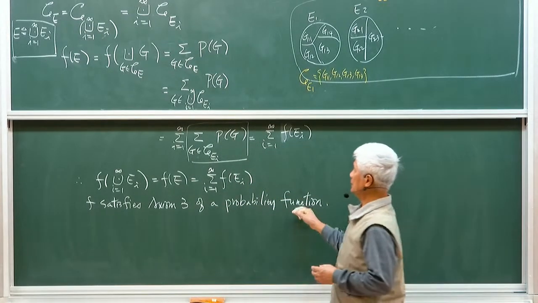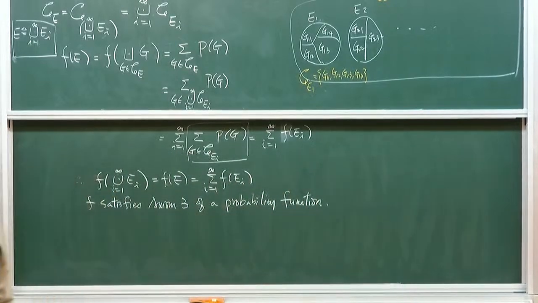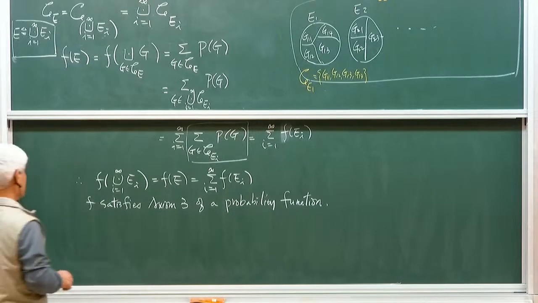So we proved there exists a probability function which is an extension of P. So we proved the existence of a probability function. Now we show the uniqueness.